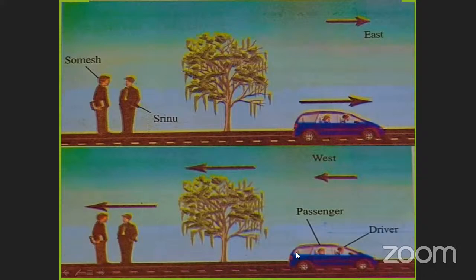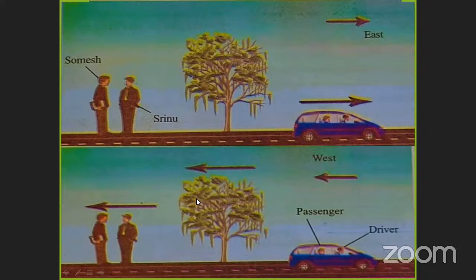And see here, in the point of view of the driver, the passenger is at rest. That means the motion and rest are relative to the observer. Next, what is the definition of motion?